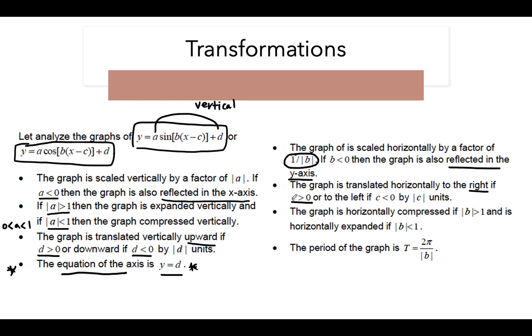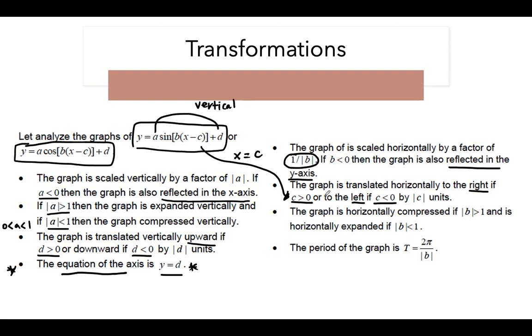This is the case if you take it out of the bracket. Right now you see x minus c, but if I take it out of the bracket, x is equal to c, so you switch the sign. And if C is less than 0, that means you are moving horizontally left by c units.